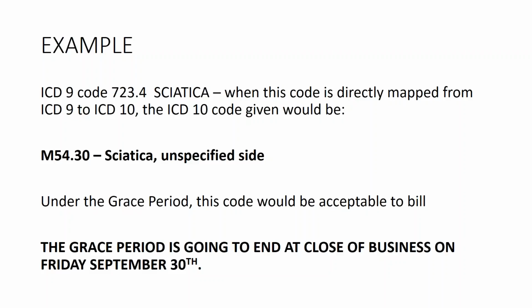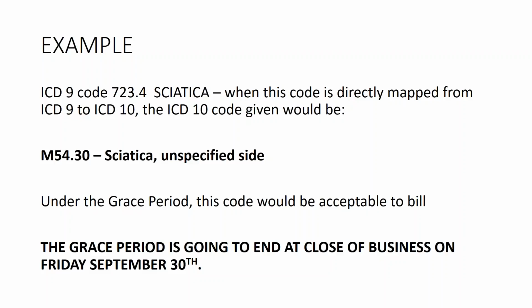The reason this is not an acceptable code after October 1st is that there are quite more specific codes to deal with sciatica. You have sciatica with low back pain and sciatica without low back pain. Those are 2 families. And then you also have the right side, the left side, and unspecified side. So after October 1st, you will need to be much more specific.